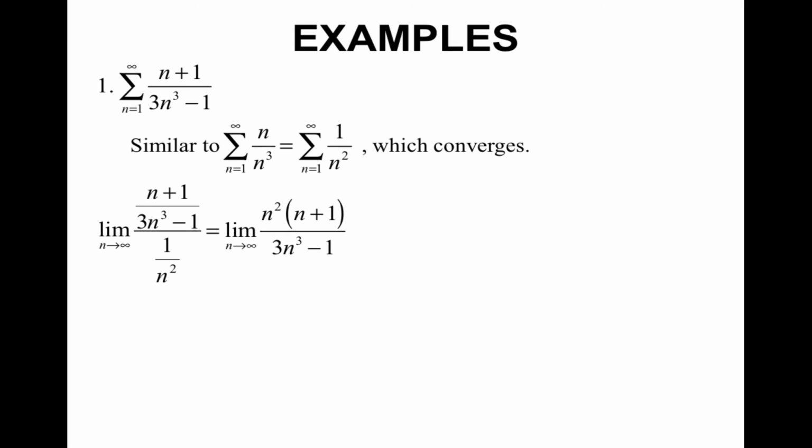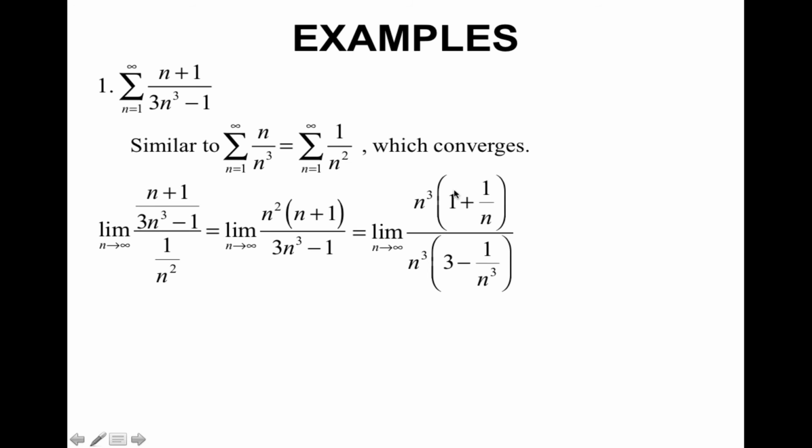So I either have to do some L'Hopital or some magical algebra, and I'm going to do some algebra. So I'm going to factor out the largest exponent term between the top and the bottom, which is n^3. And when I plug in infinity, these n's will cancel, these n's will go to 0, so I'm left with 1/3.